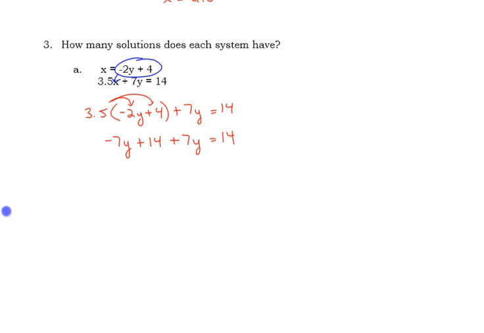Now when we combine our like terms, negative 7y plus 7y is equal to 0. So we're just left with 14 on the left-hand side. Now if you think back to earlier in the year when we were solving equations with one variable, and we got something that looked like this, where one side was equal to the other side, that meant that there was an infinite number of solutions.